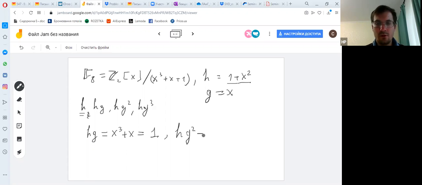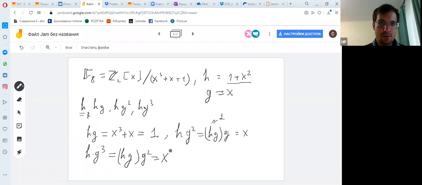Of course it is Hg multiplied by g. This is 1, and this is g, just x. Now we want to multiply H by g cubed. This equals Hg multiplied by g squared, and this is equal to x squared. So that's all. We found all these.